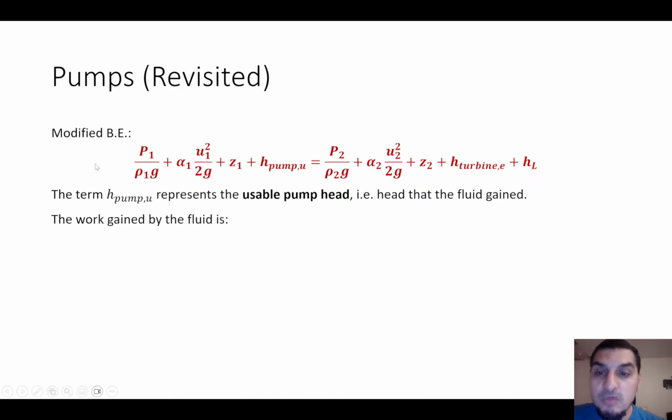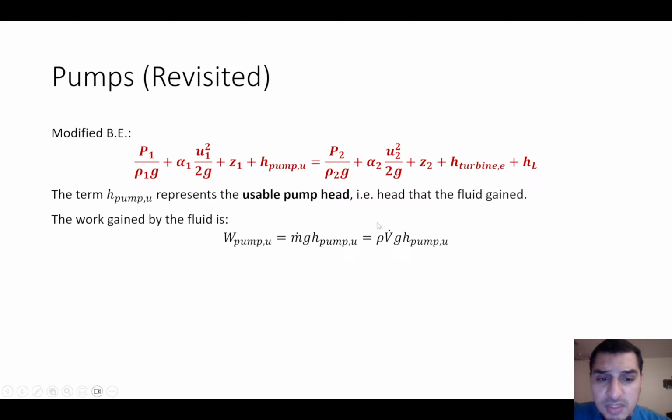And one other thing we mentioned here is that the Bernoulli equation that we see here is written in units of length. It's a meter or foot, and we can get the actual work or power gained by the fluid by multiplying this by mg. So this mg H pump is the usable work by the pump.